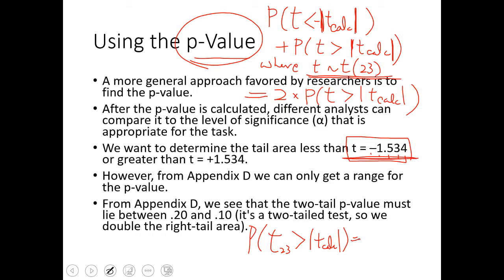So that is the probability that t with degrees of freedom 23 is greater than 1.534. That is exactly the same as 1 minus the probability that t with degrees of freedom 23 is less than 1.534. Okay.